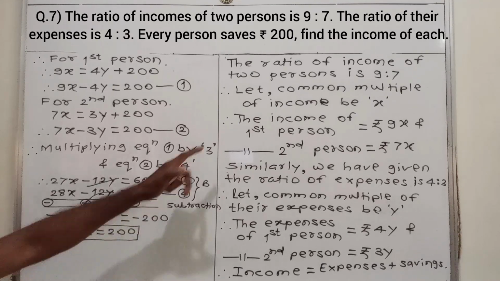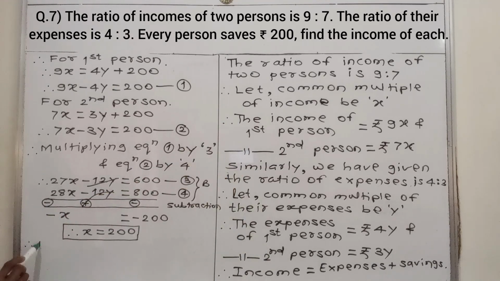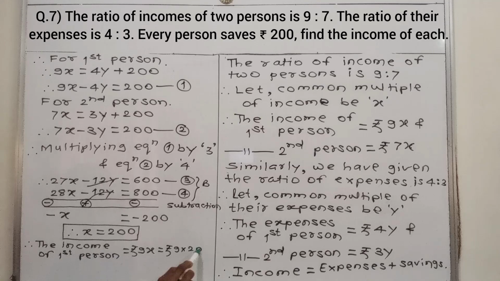Therefore the income of first person is equal to rupees 9x, is equal to rupees 9 into 200, is equal to rupees 1800, means 1800 rupees.